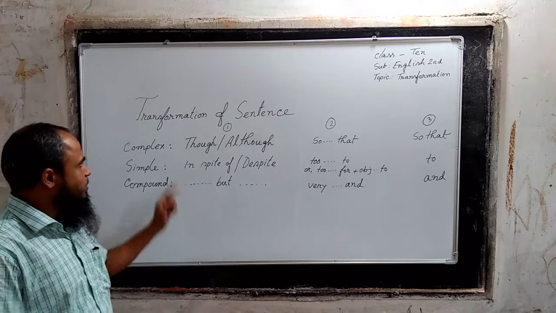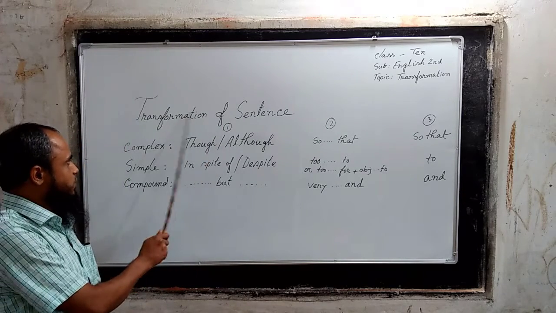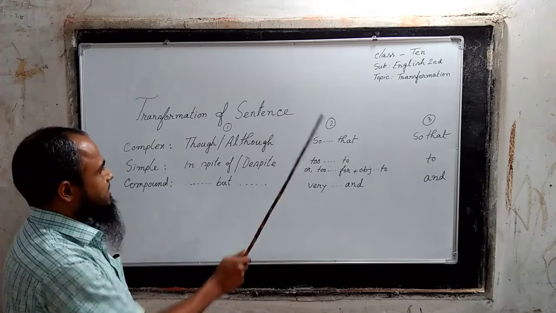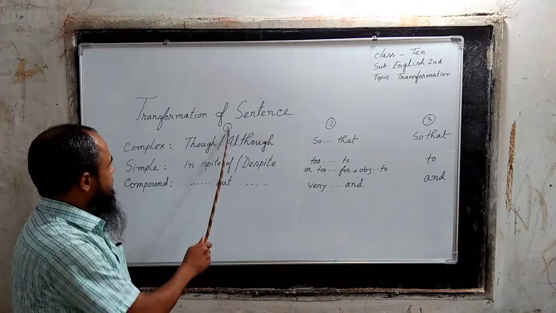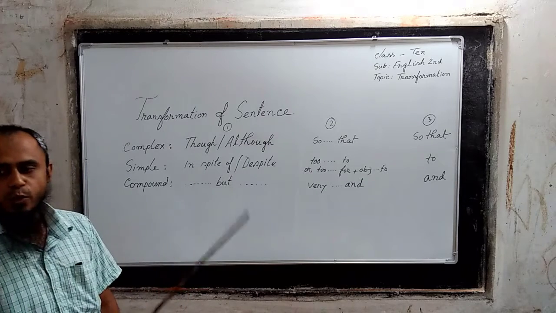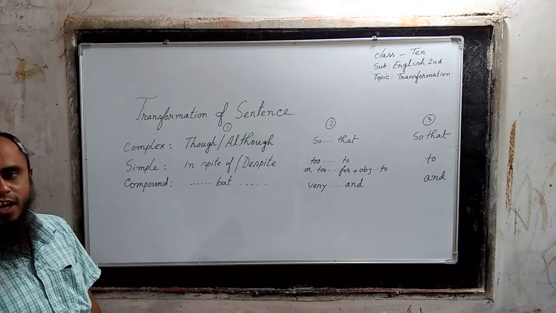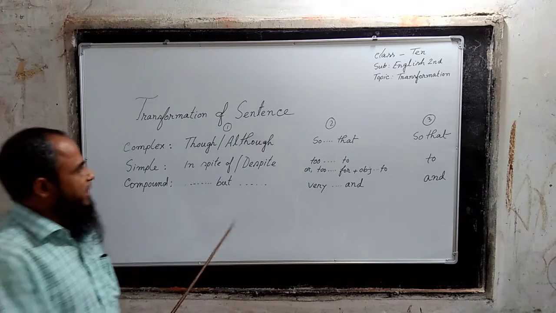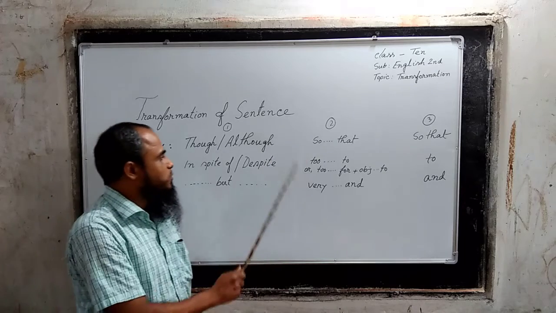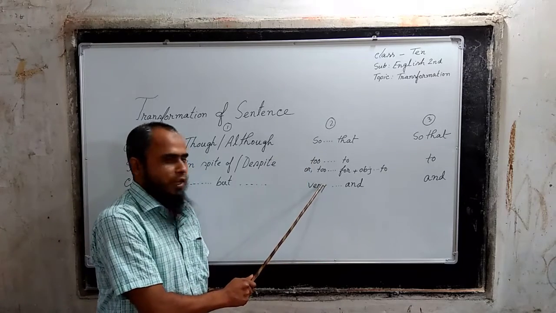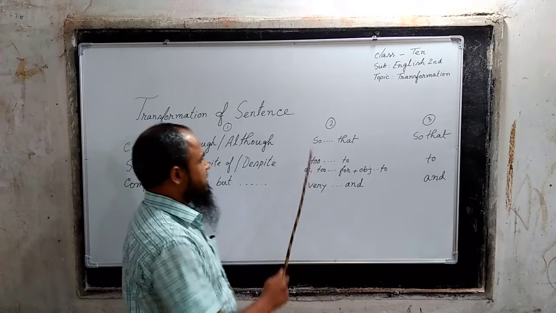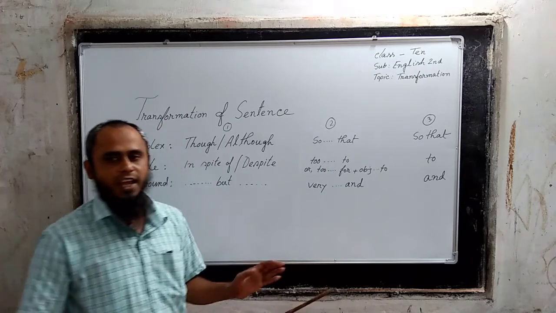So today I'll discuss only three structures in transformation of sentence. The number one structure is in complex sentence. If there is though and although, how will you make it simple and how will you make it compound? And if you find so that in complex sentence, how to make it simple and how to make it compound? If you find so that together, that means here so, then that, so blank that.